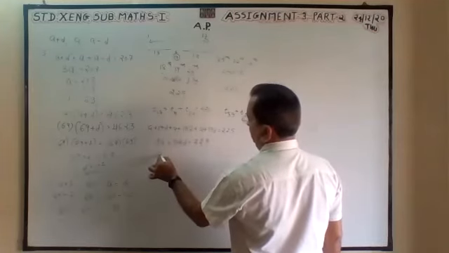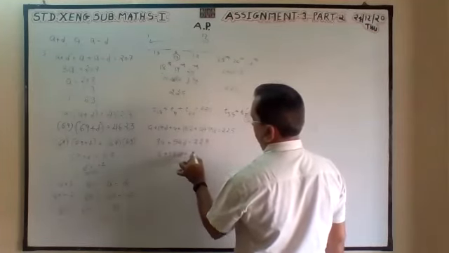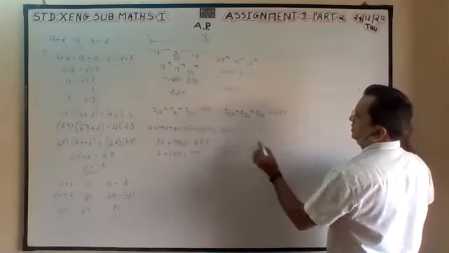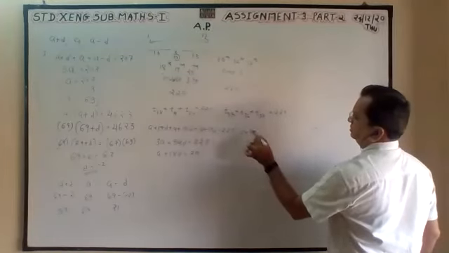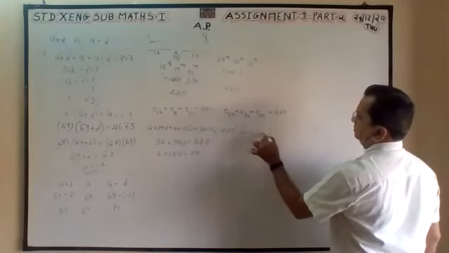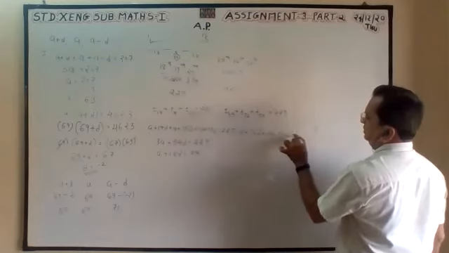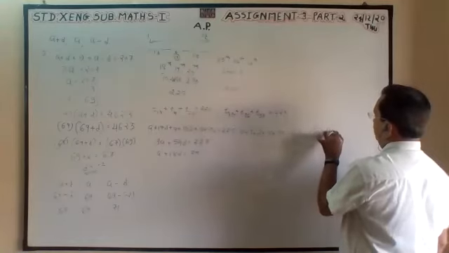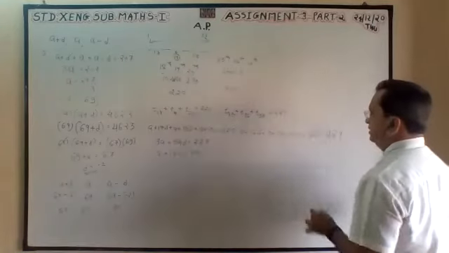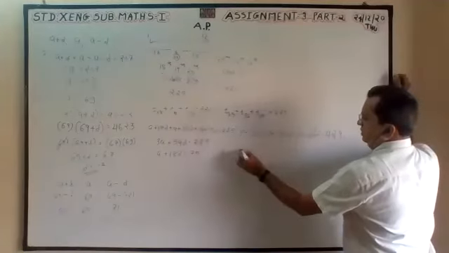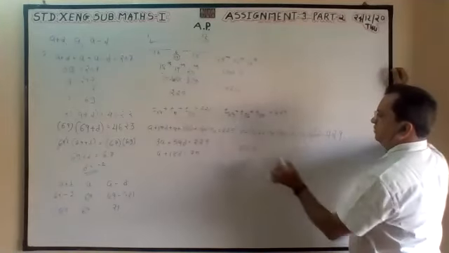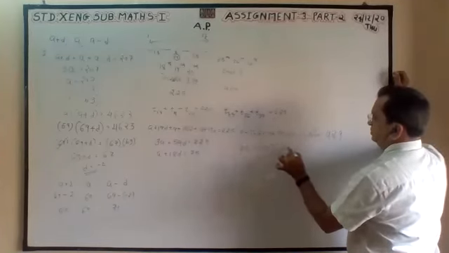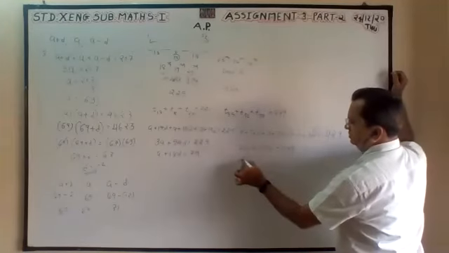All divided by 3, A plus 18D equals 75. Then A plus 34D, A plus 35D, A plus 36D equals 429, so 3A plus 105D, all divided by 3.